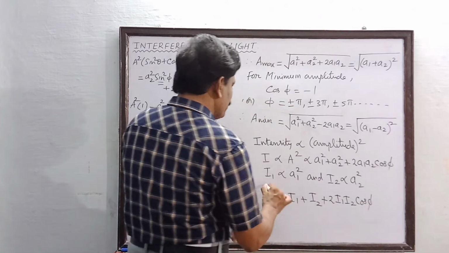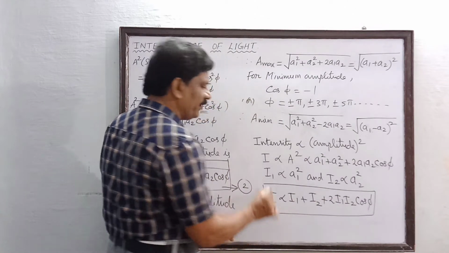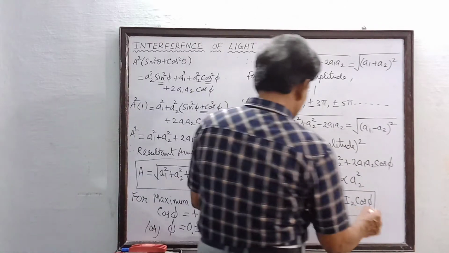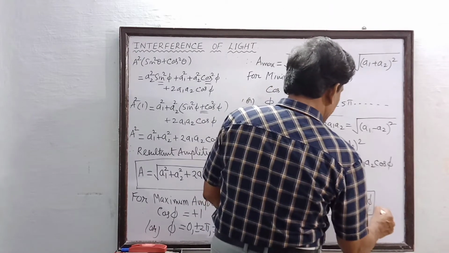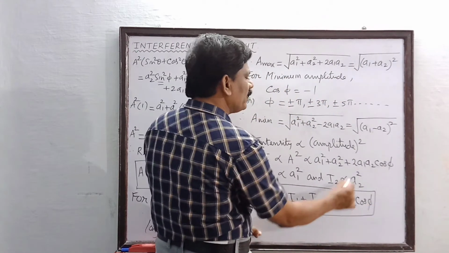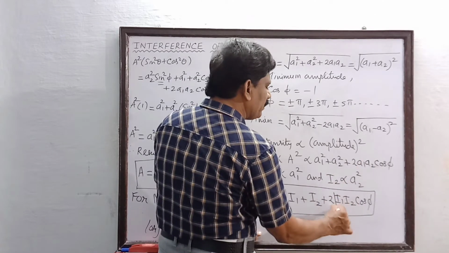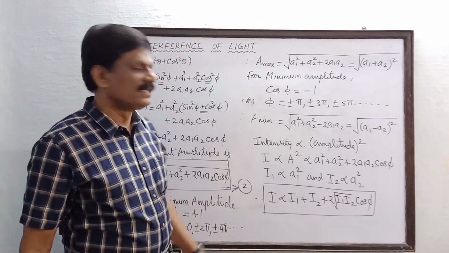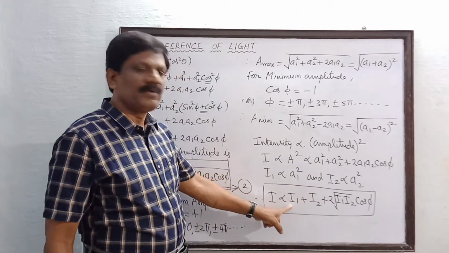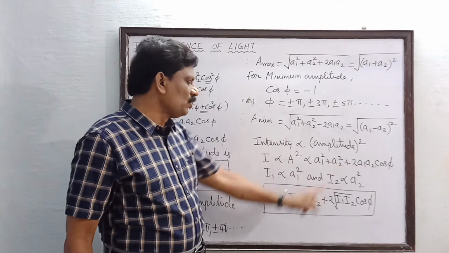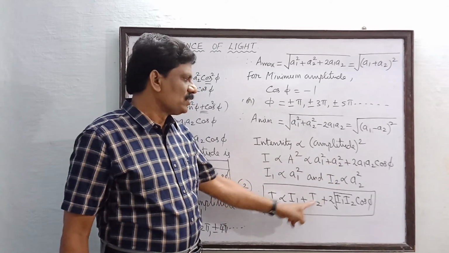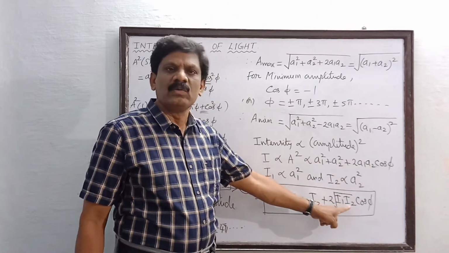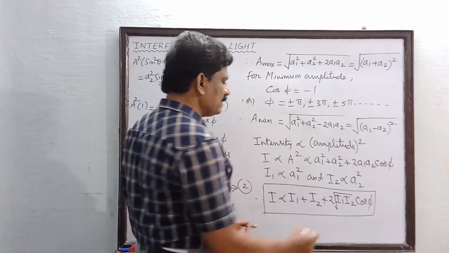This is a very important equation for competitive exams like NEET and JEE entrances. So I is proportional to I1 plus I2 plus, for the A1 A2 term, square root of I1 into square root of I2. Because instead of A1 square the proportional term is I1, instead of A2 square it is I2. So instead of A1 it is square root of I1, instead of A2 it is square root of I2. Okay, so this is equation 3.